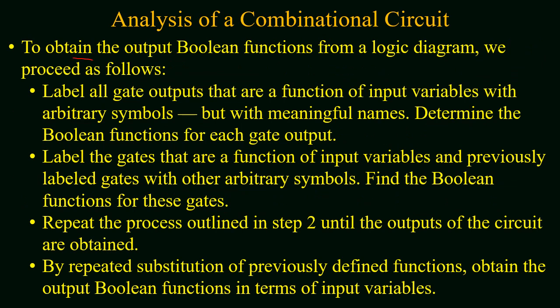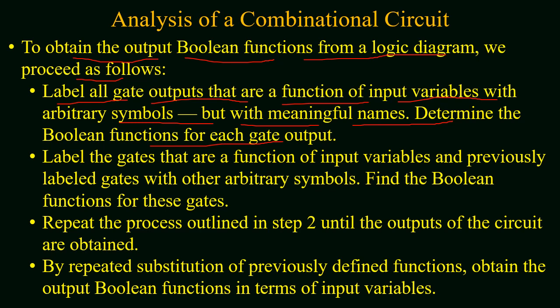Now to obtain the output Boolean function from the logic diagram, we will follow these steps. In the first step, you have to label all gate outputs that are a function of input variables with arbitrary symbols but with meaningful names, and determine the Boolean function for each gate output.